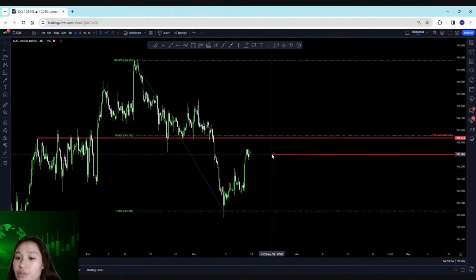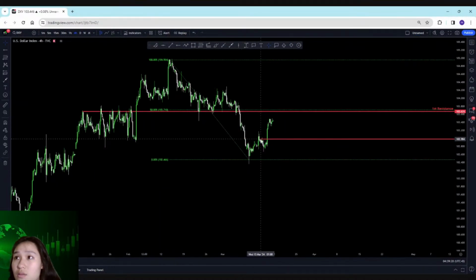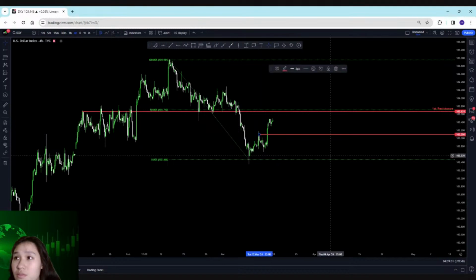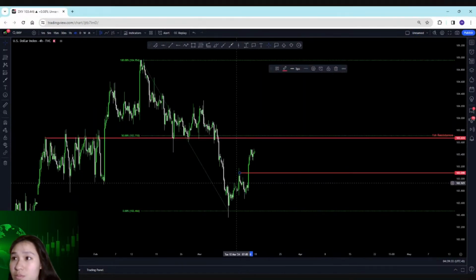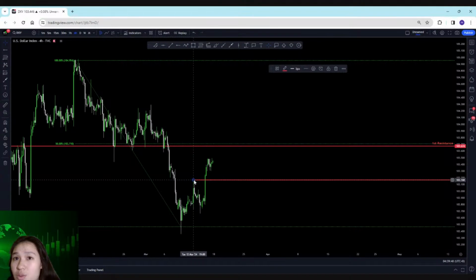Next, my pivot. I'm just going to place my pivot here, at the swing high here.